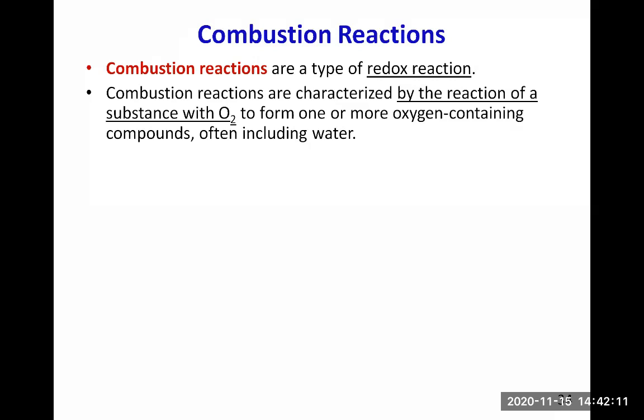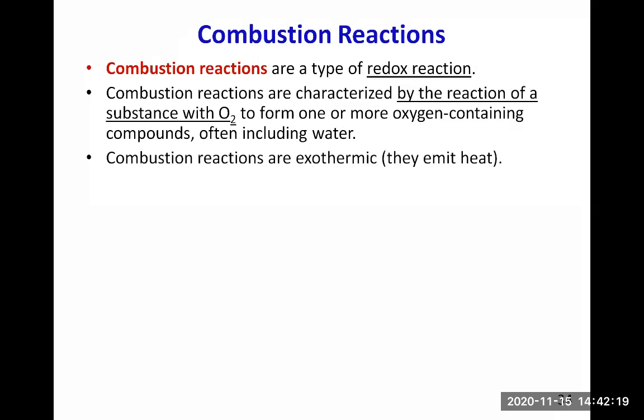Because the oxygen basically combines with the other elements of the substance and forms oxygen-containing compounds. Combustion reactions are exothermic. They emit heat. They release a lot of heat to the outside, and a lot of them are burning. It's simply burning. So you definitely see a flame, and you feel the heat.